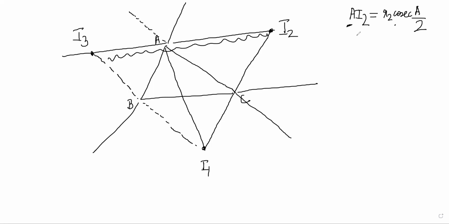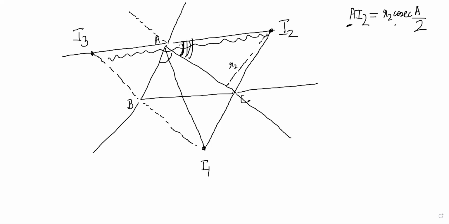AI1 was R1 cosec A by 2. So AI2 should be R2 cosec A by 2, right? Or you can think about it also. AI2 would be, think of the radius here. This is R2, right? And this angle is how much? This angle will be 180 minus A. This is A, 180 minus A, so this is 90 minus A by 2, right?